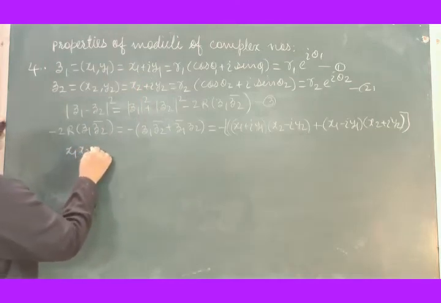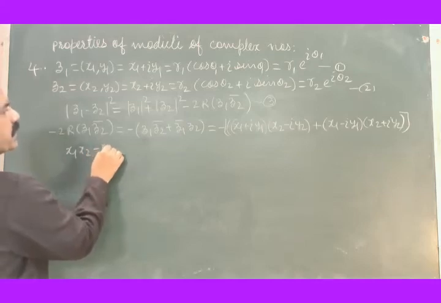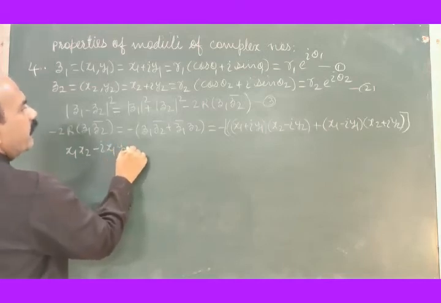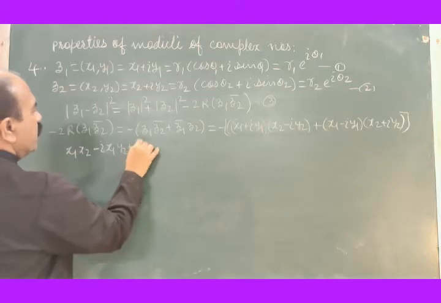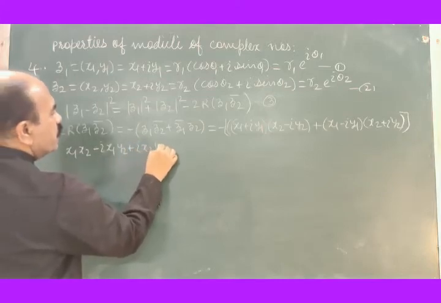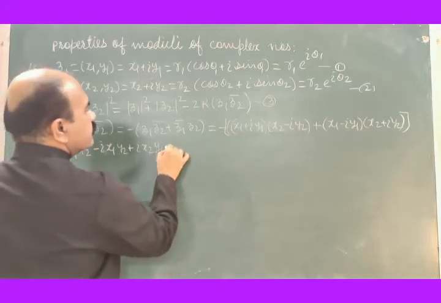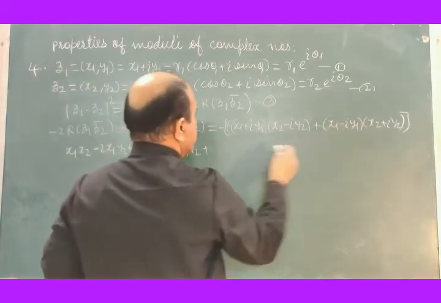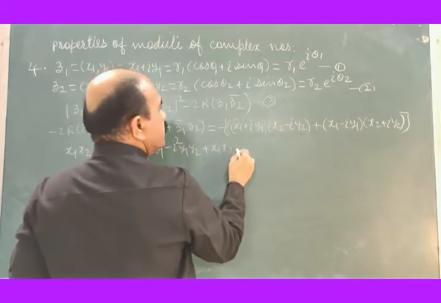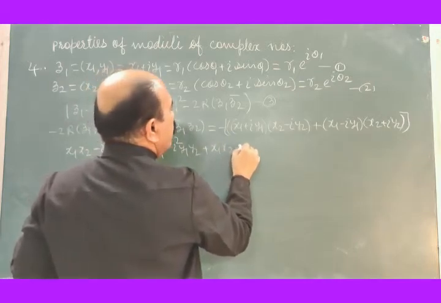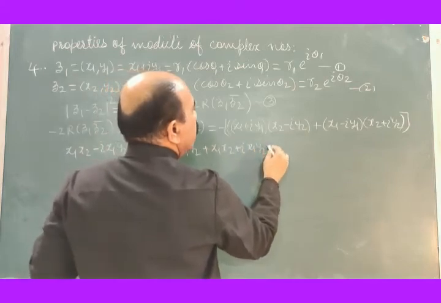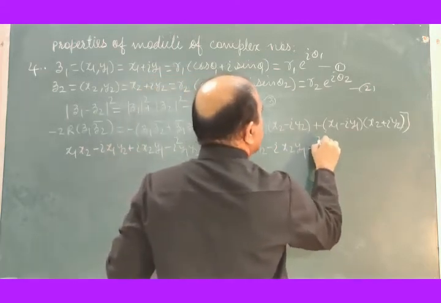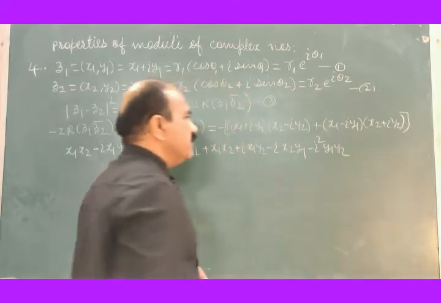x1 x2 minus i x1 y2 plus i x2 y1 minus i square y1 y2, plus this x1 x2 plus i x1 y2 minus i x2 y1 minus i square y1 y2.